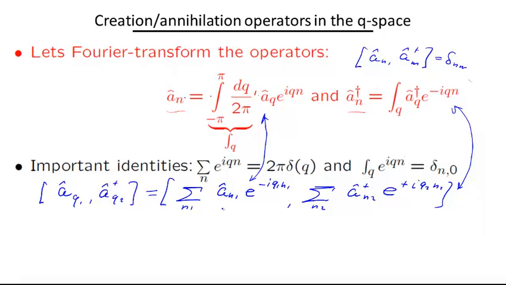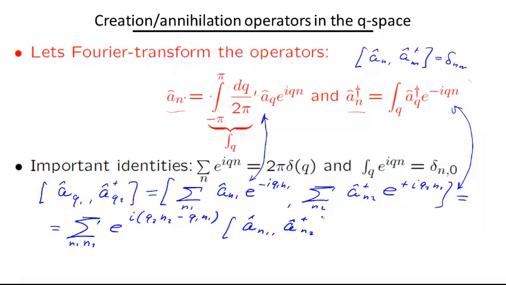So now the commutator only cares about the operators, and this is a linear operation. So we can factor out the sum, and we can factor out these exponentials, and write this commutation relation as so. It's going to be a sum over n1 and n2 of e to the power i (q2 n2 minus q1 n1), and here I'm going to have the commutator of A sub n1, A dagger sub n2.